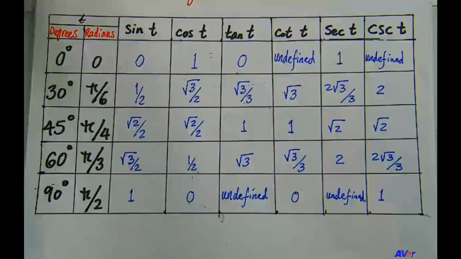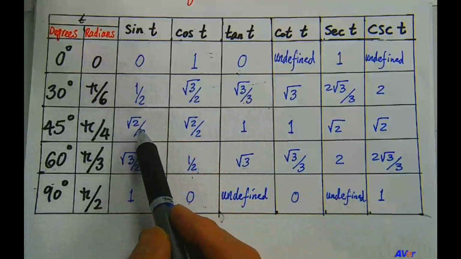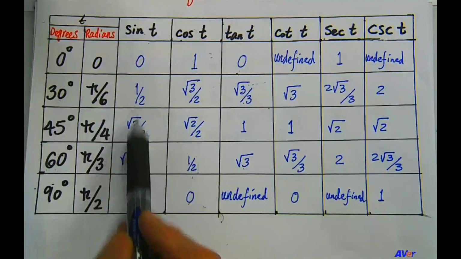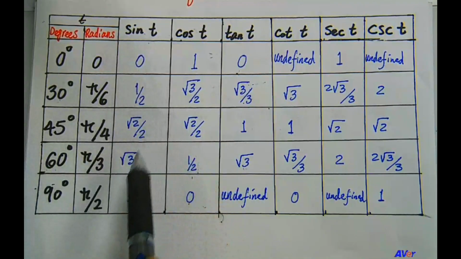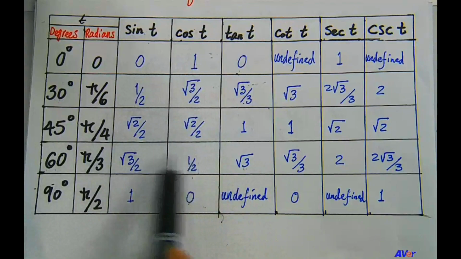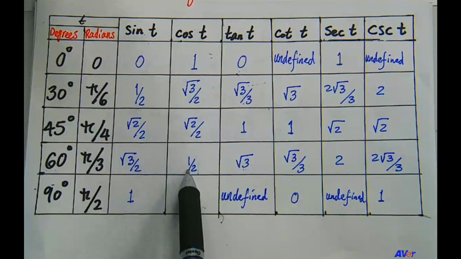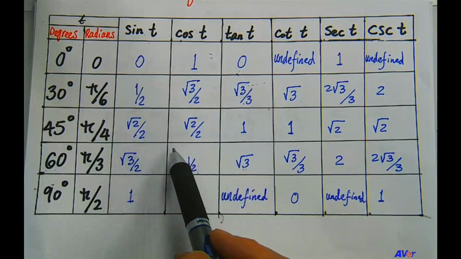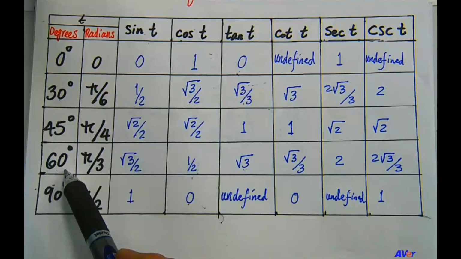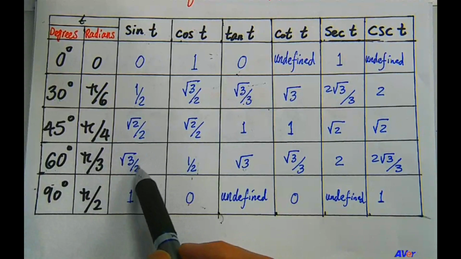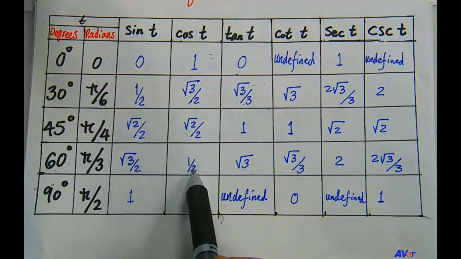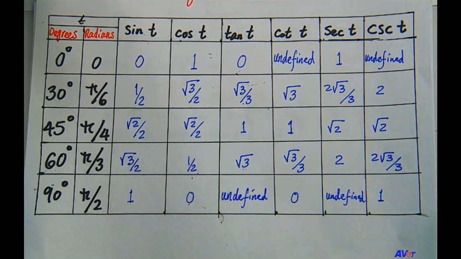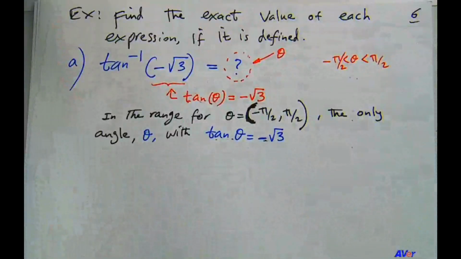Tangent of any angle is equal to the sine of that angle divided by the cosine of that angle. So if you don't remember this, but you remember the sine and cosine for 60 degrees or pi over 3, you can divide sine by cosine and you'll get that. So pi over 3, that's the reference angle.